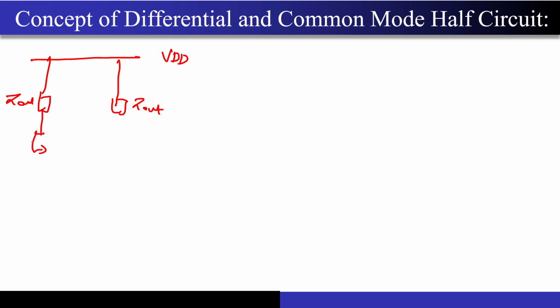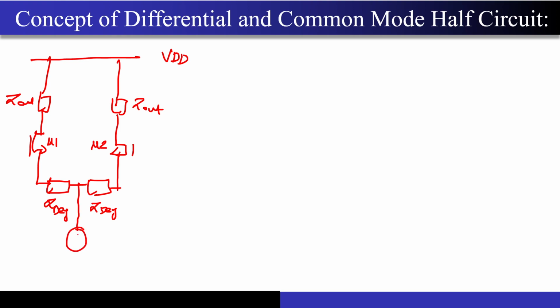Correct? Then you have the transistors of the differential pair, M1 and M2. Then you may have some circuit over here as well. This I am denoting as ZD, that is the degeneration load present at the source of the MOSFET. And then here you will have a tail current source which is doing its job to bias these transistors.